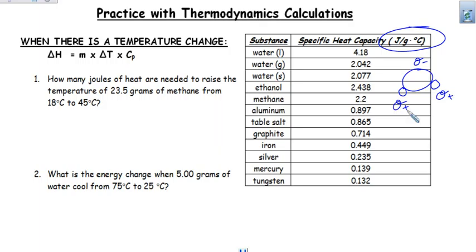But in the liquid phase, the particles can flow and move past one another, and they get as tightly packed as they possibly can because of those strong, attractive hydrogen bonds. So it takes a lot of energy to start moving around those water molecules because, again, they're so attracted to each other. Then you look at all these metals like iron down at the bottom. Iron's specific heat is like 0.449.